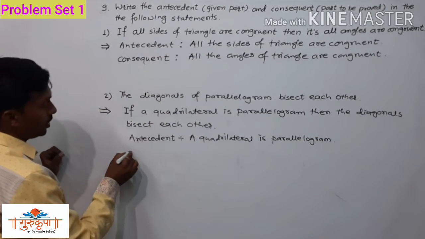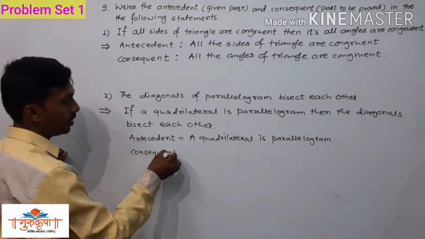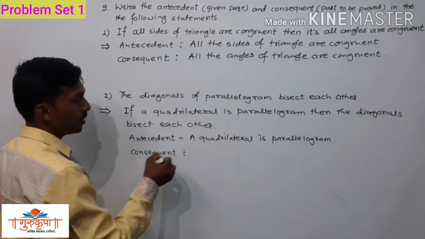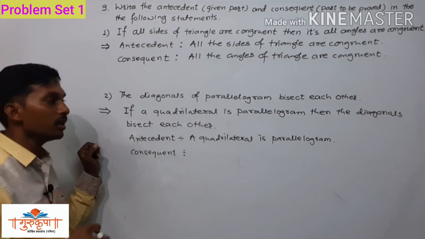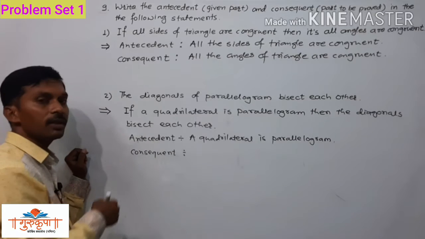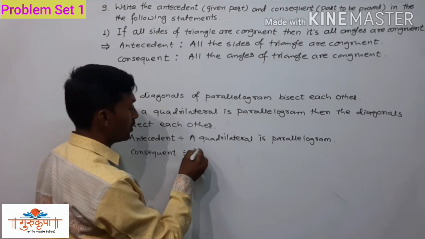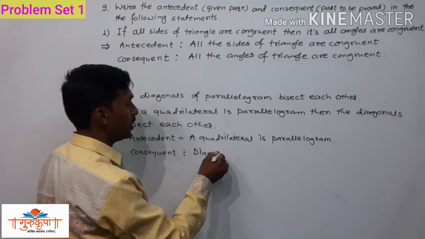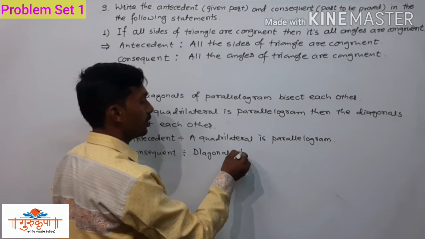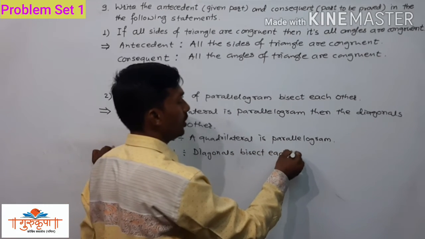Now we have to write the consequent. Consequent is nothing but the statement followed by then: the diagonals bisect each other.